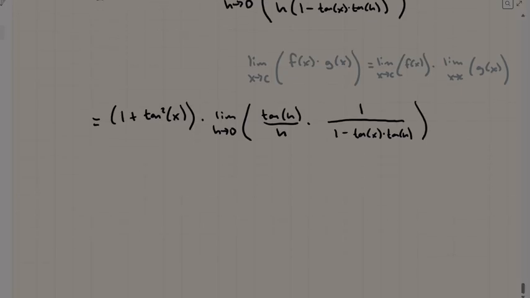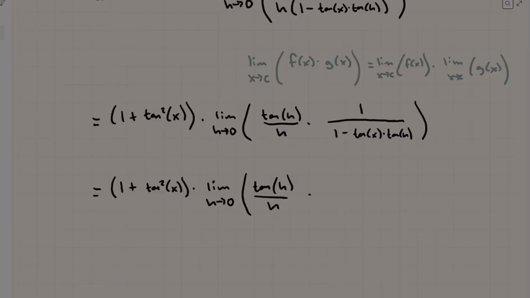And so then what that means is we can actually factor those two limit expressions apart. So 1 plus tangent squared of x times the limit as h approaches 0 of tangent of h over h, close the parentheses, and then times the limit as h approaches 0 now of the other one, 1 over 1 minus tangent x times tangent of h.